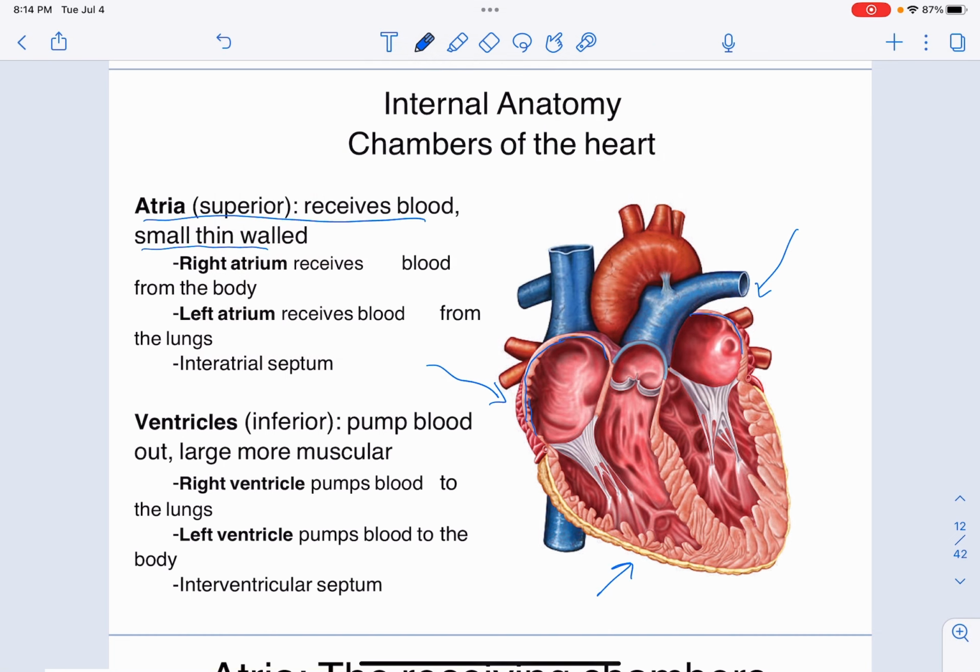So the right atrium, which is right here, is going to receive blood from the body. And the left atrium is going to receive blood from the lungs. So let me write on here that this is the right side and this is the left side.